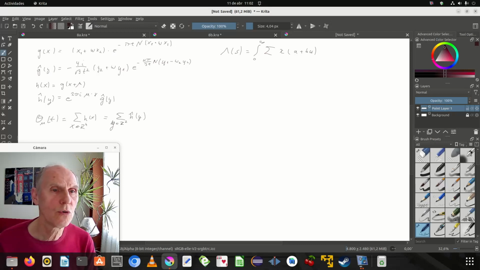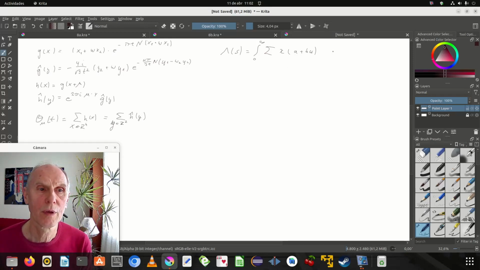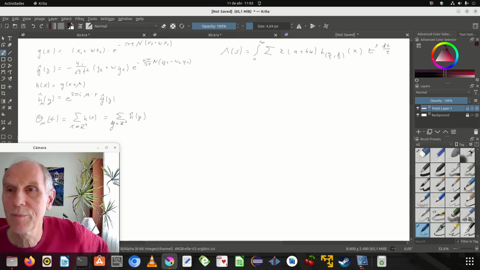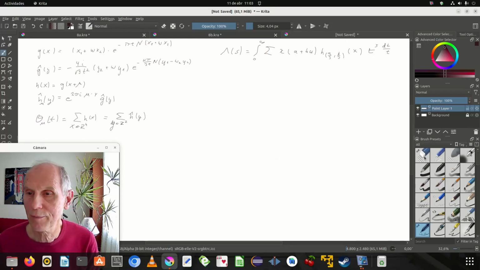And then when we use h, we must insert the correct mu. So h actually depends upon mu. No, oh my God. I should just call this theta of t. There's no need to write this.